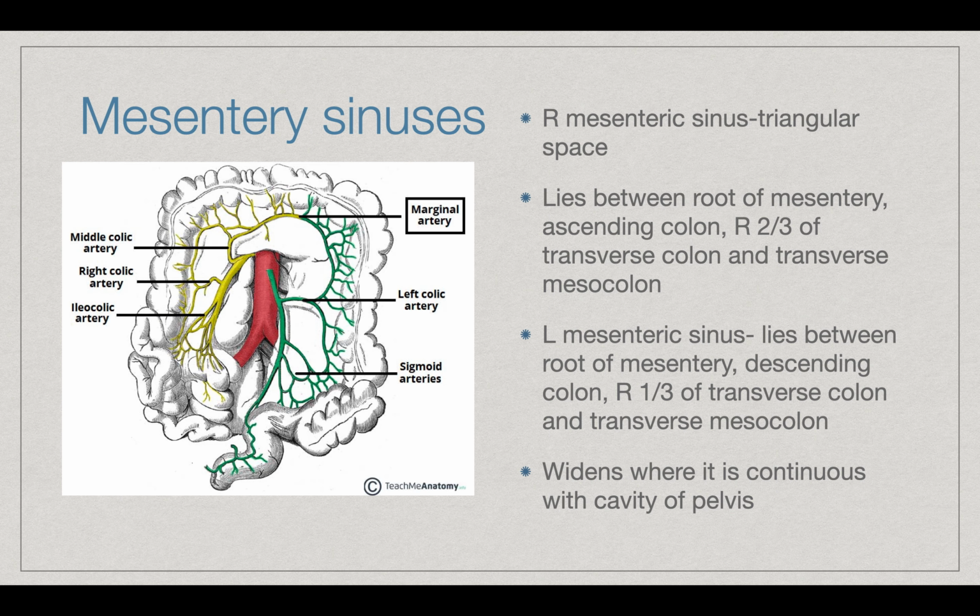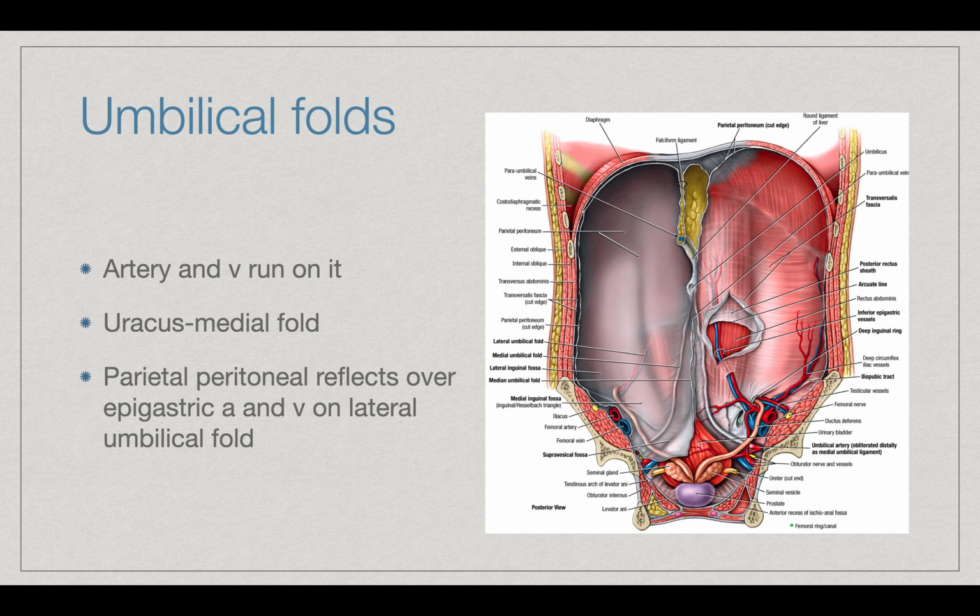Okay, so the mesentery sinuses will lie between the root of the mesentery, ascending colon along with the transverse colon and the transverse mesocolon, so around this area, and they really widen when it's continuous with the cavity of the pelvis, as you can see here. And the umbilical cords will have the umbilical artery and veins that run on it.